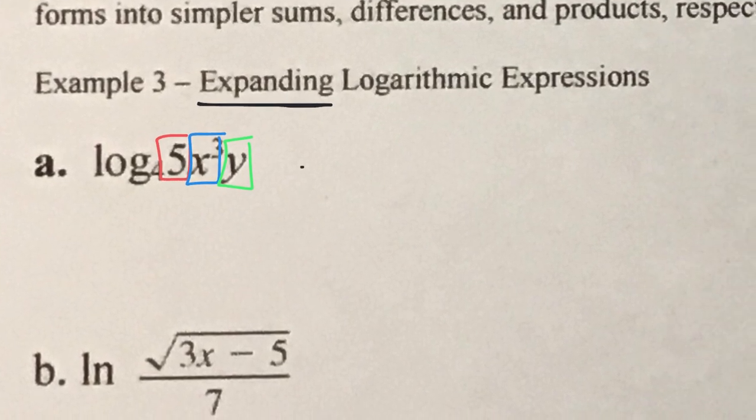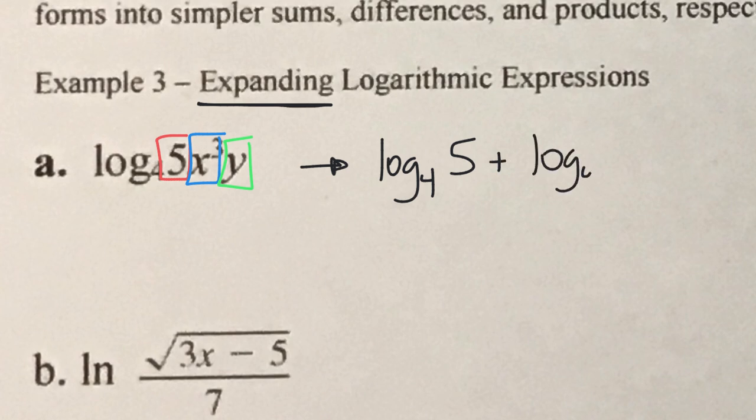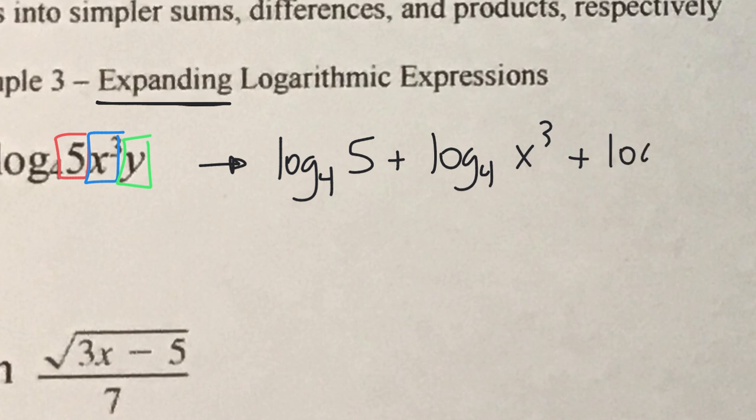The first thing we do is write it as the log of 5 plus the log of x cubed plus the log of y. All these have the same bases, so log base 4, log base 4, log base 4.